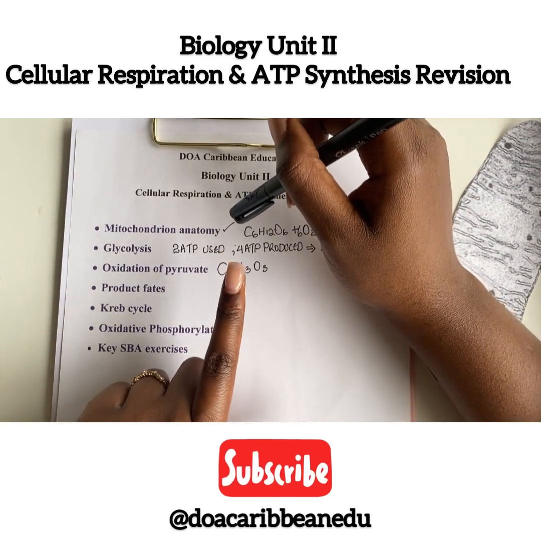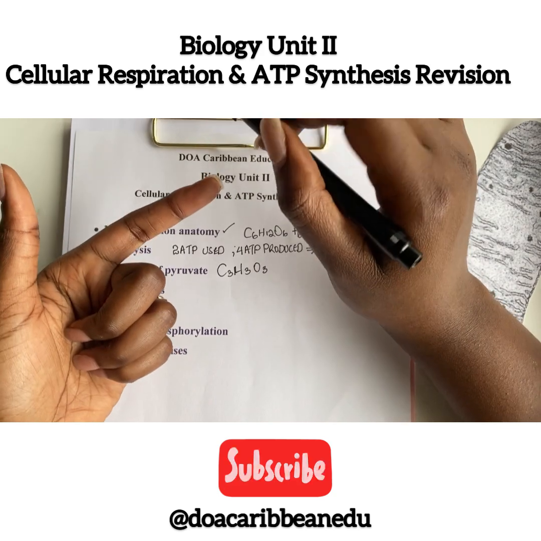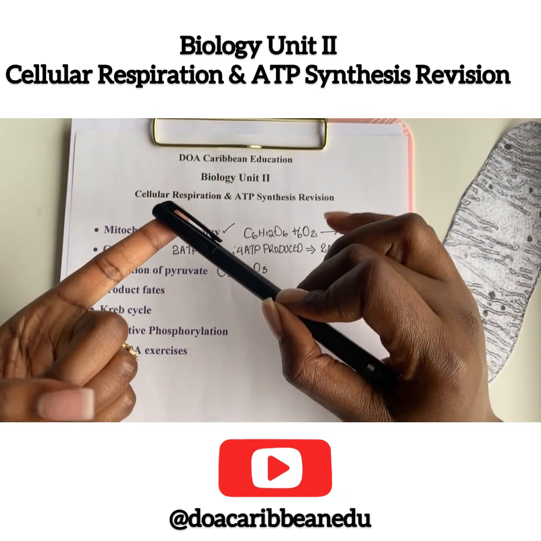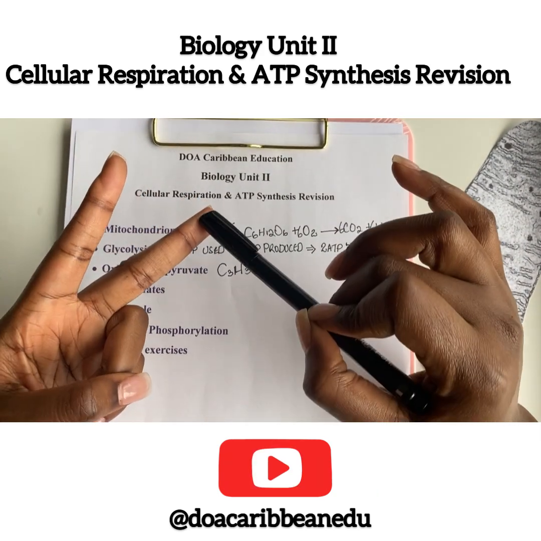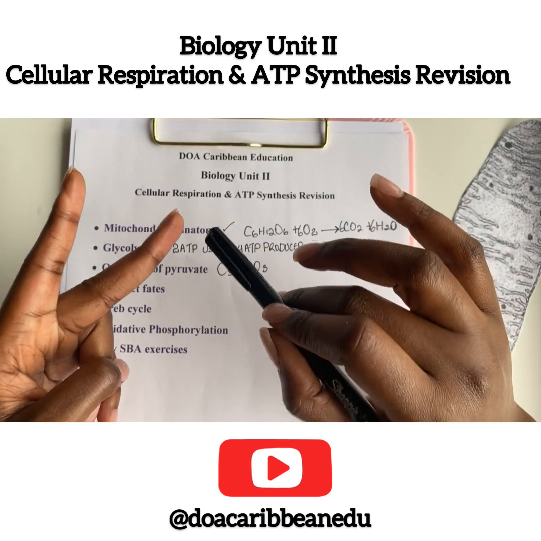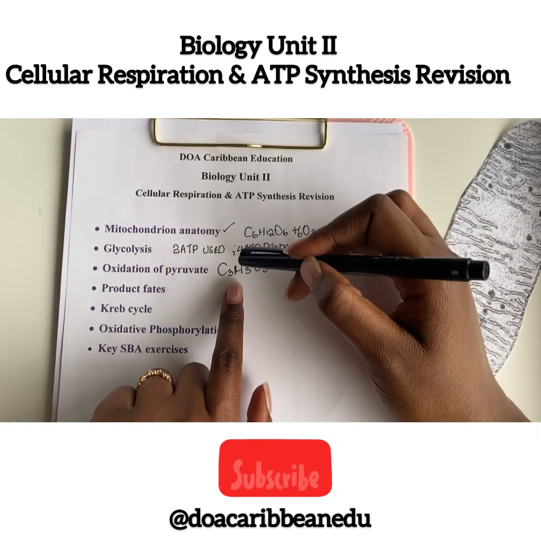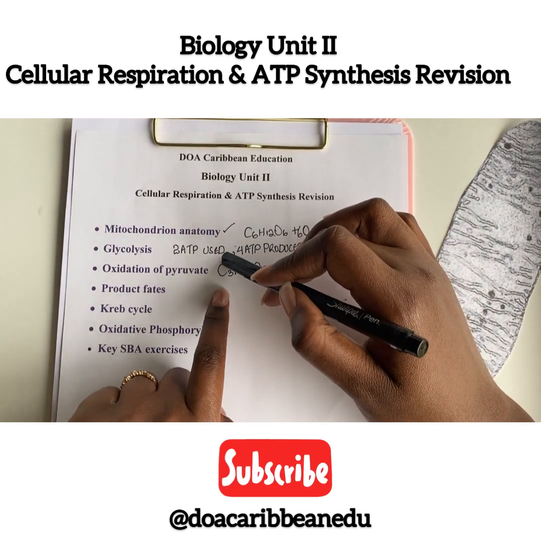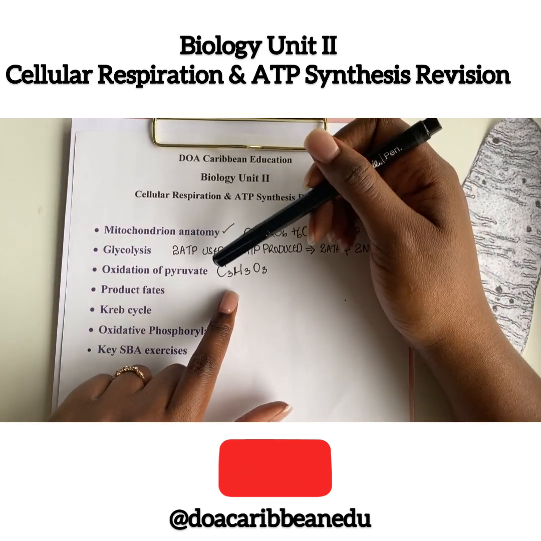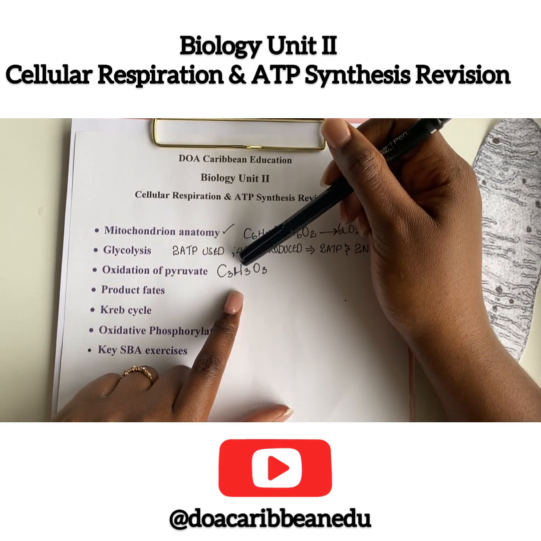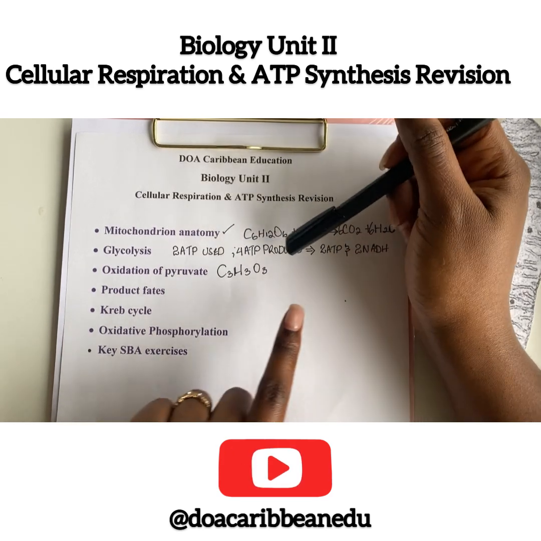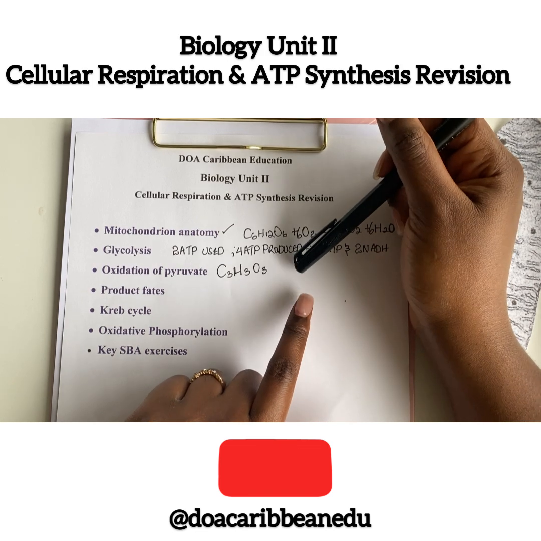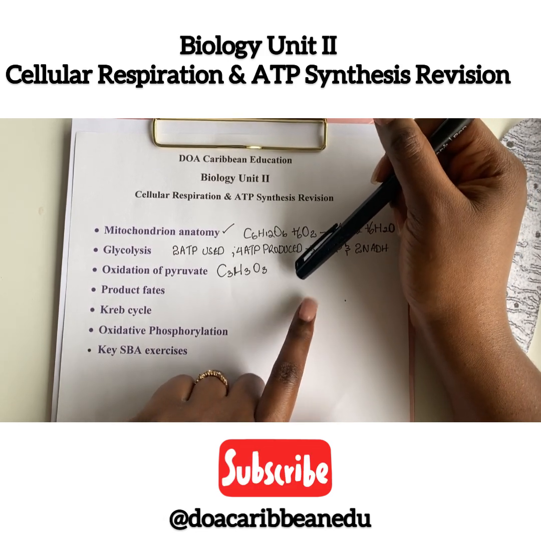Let's break it apart, right? We hear two terms. We hear oxidation and we hear decarboxylation. It's a decarboxylation reaction because this pyruvate molecule will lose one of its carbons. Now, this 3-carbon pyruvate molecule will form a 2-carbon hydroxyethyl group.